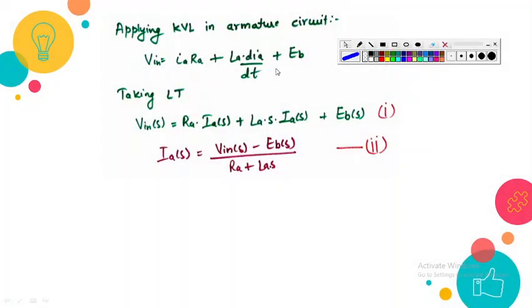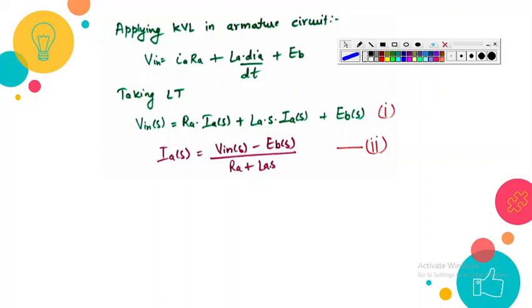This is definitely a differential equation, so in order to simplify it, we can take the Laplace transform of this equation. Taking the Laplace transform, we get IA is equal to Vin minus Eb by Ra plus Ls. And I can actually represent it using a block diagram.